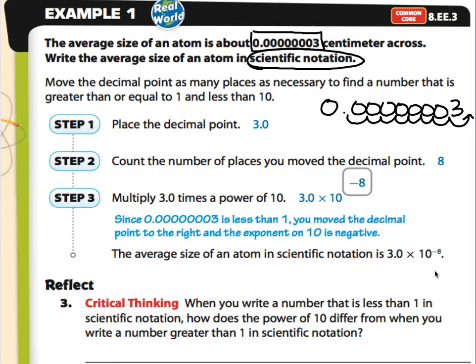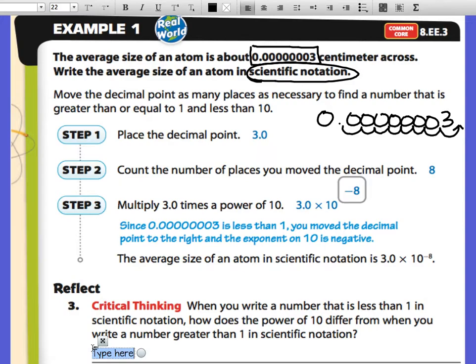Critical thinking. When you write a number that is less than 1 in scientific notation, how does the power of 10 differ from when you write a number greater than 1 in scientific notation? Well, the difference is that because the number is smaller than 1, the exponent of the power of 10 is negative.